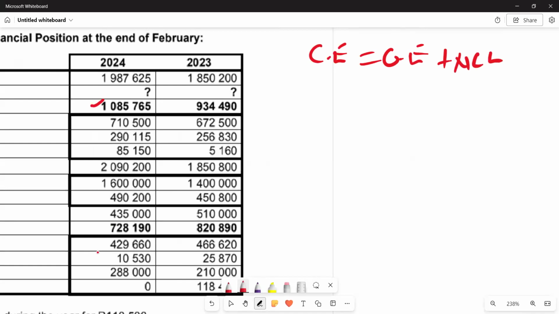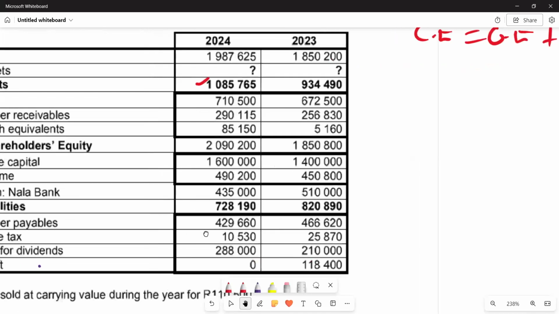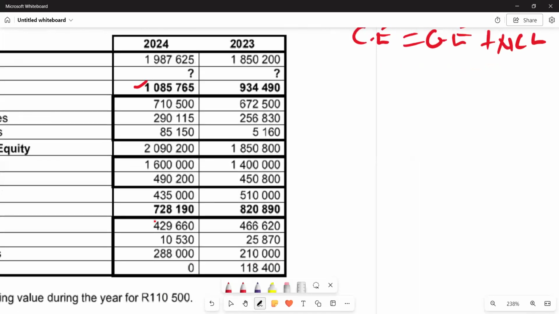So for our opening capital employed, remember, now to get the average, we are going to say opening capital employed plus closing capital employed divided by 2. That's how we're going to get it. So first of all, you have to find the opening capital employed and then find the closing capital employed. Then you add them and then you divide by 2 to get the average.